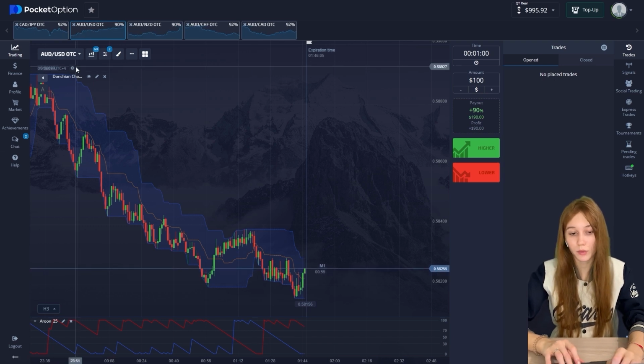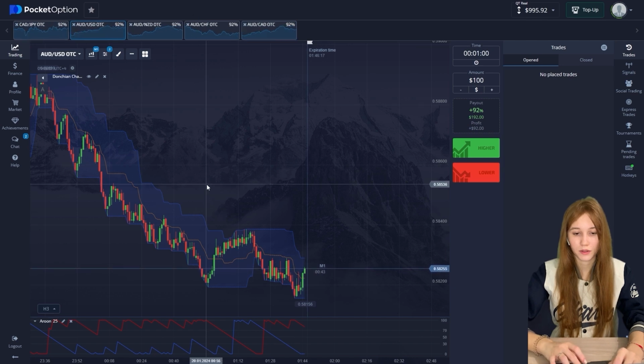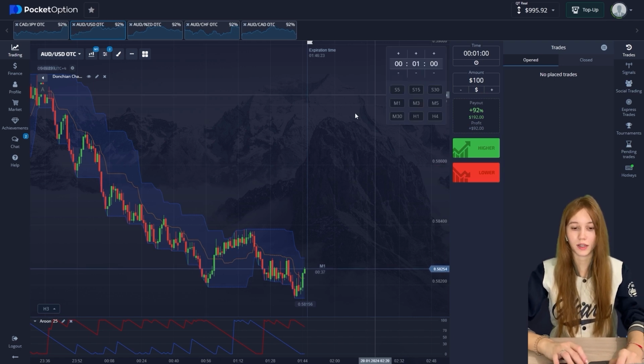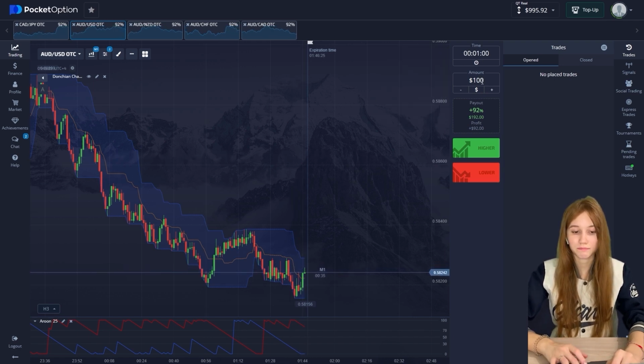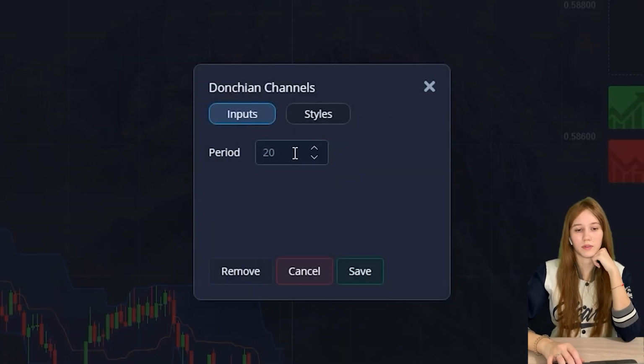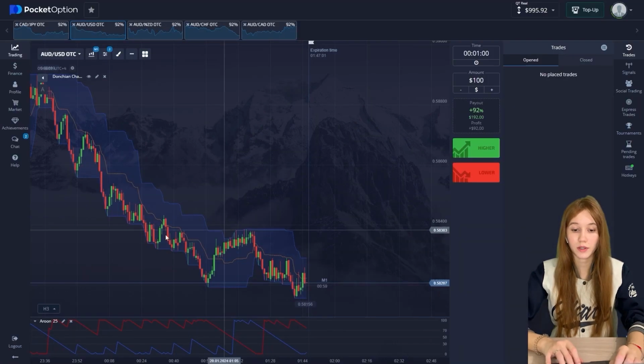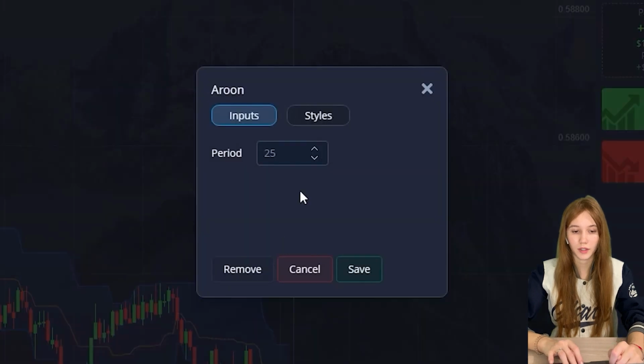We traded on Pocket Option, on currency pairs, 5 to 7 currency pairs. The time is 1 minute. Now the indicators. We used 2 indicators. Its parameters: period 25. You can copy it.